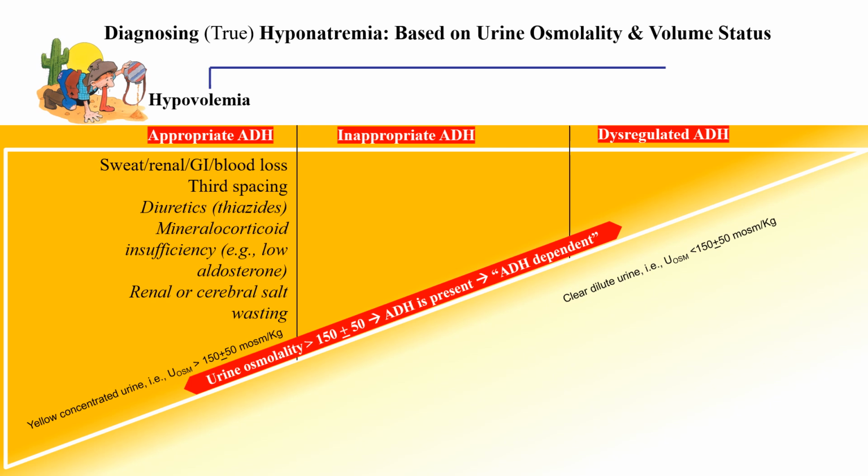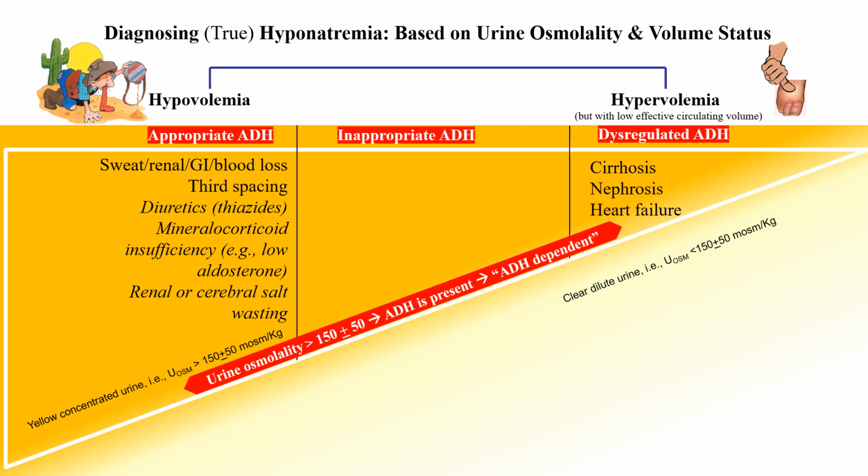Hyponatremia presenting with a high urine osmolality and hypervolemia associated with a low effective circulating volume is referred to as hypervolemic hyponatremia. Conditions that may present as hypervolemic hyponatremia include cirrhosis, nephrosis, and heart failure. Although patients in this category are volume overloaded, their fluid does not effectively circulate in the body, but leaks out into the interstitial space and body cavities.